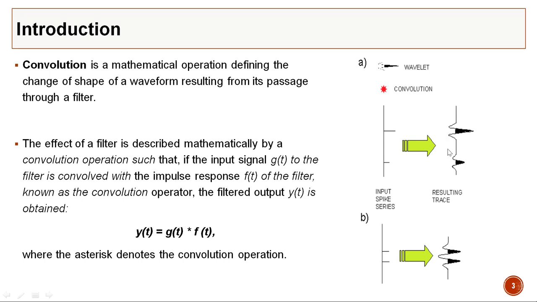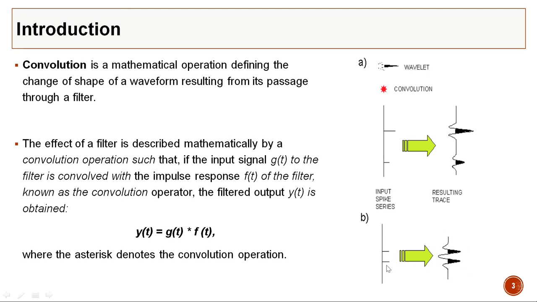So the resultant will look like that. This is a convolution process, and if these two spikes are very close to each other, the resultant will be the summation of the two waveforms in the overlap area. So the waveform will look a bit different this time.